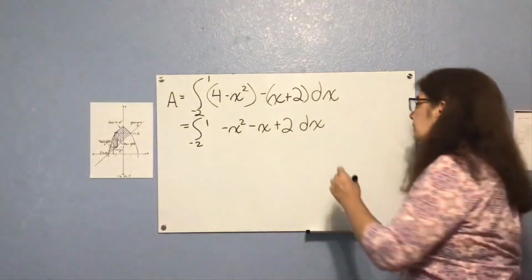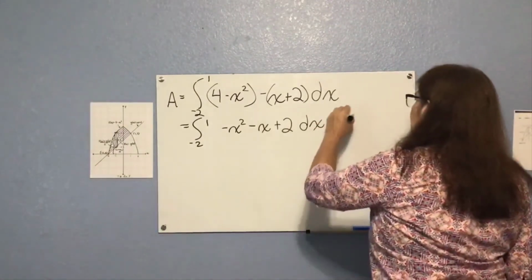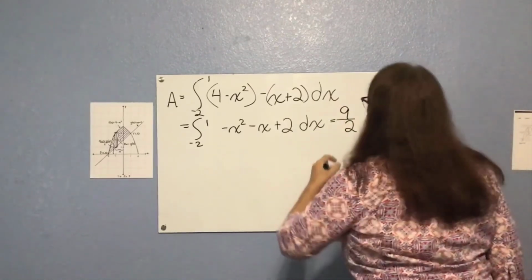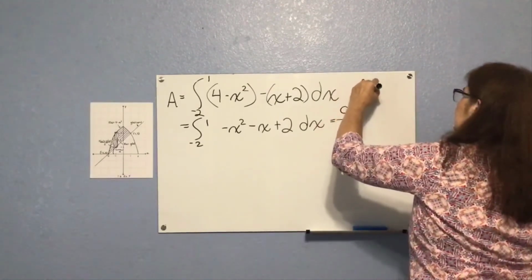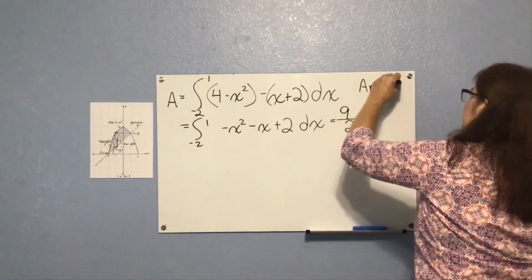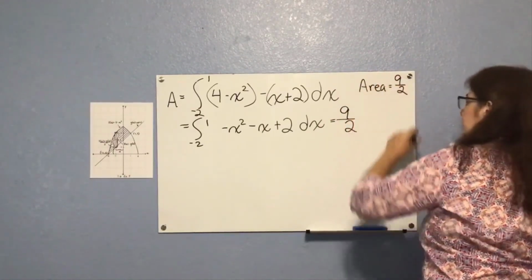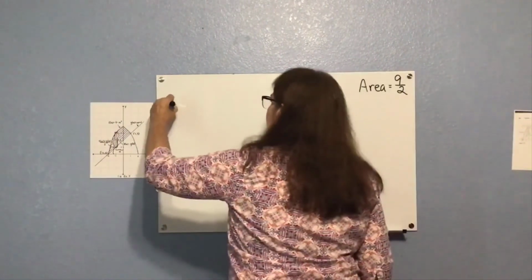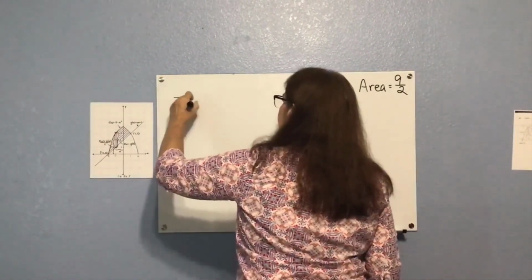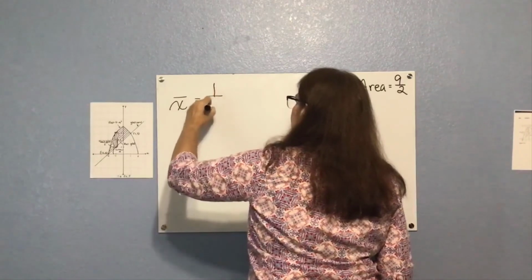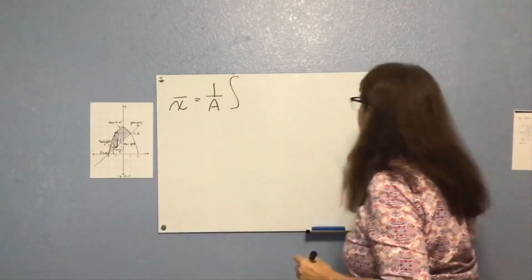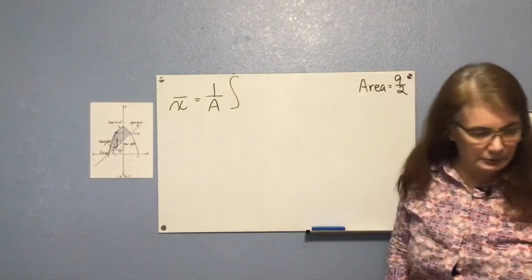Okay, when I evaluate that, I get 9 over 2. So let's just make a little note here. Area is 9 over 2. And now I want to find the centroid of x. We know we're eventually going to be dividing by that area, so we'll just put it in there now.